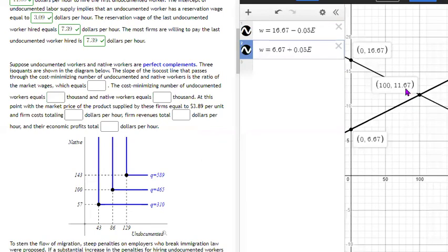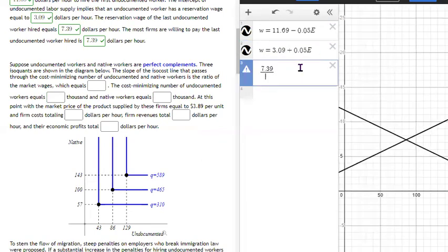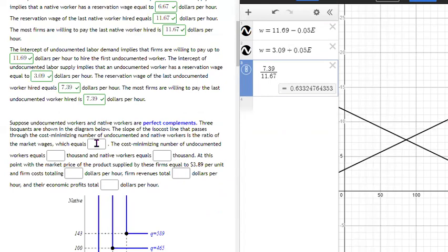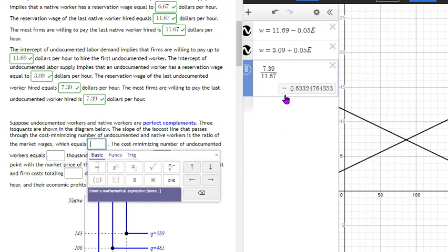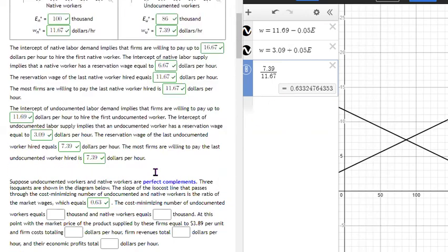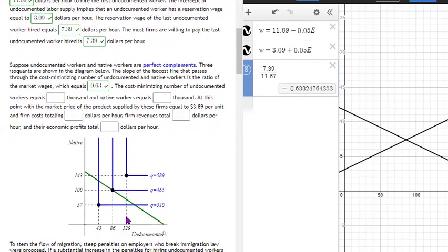And the wage of native-born workers is $11.67, right? So the isocost line is going to have a slope of 0.63. You can see the isocost line here, the green one. This green line has a slope of 0.63.